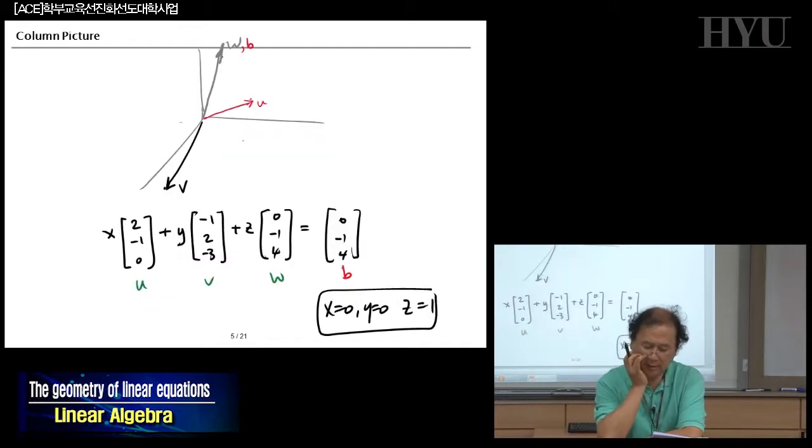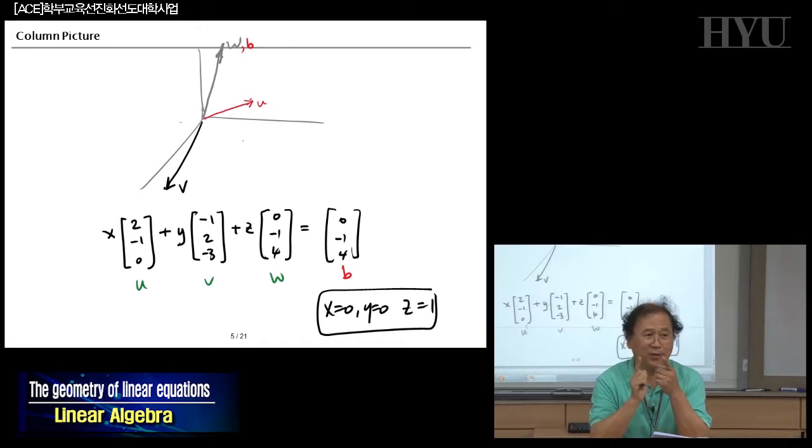Then this is another column picture, right? So you can now use three-dimensional space with 3 vectors, and combine these things, then you can come up with a solution, right? So the column picture in a way is more visible. This is B. Up to now, any questions?